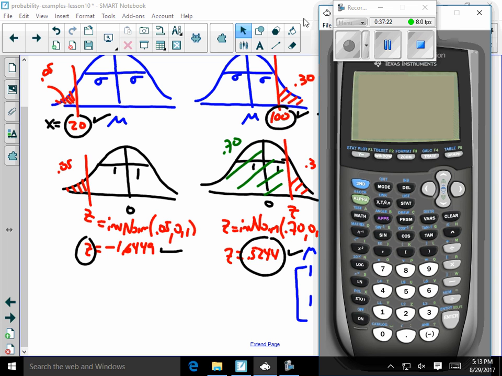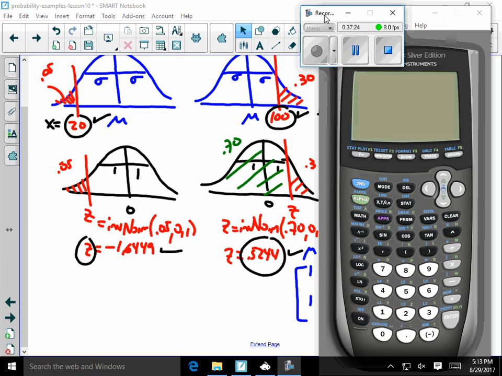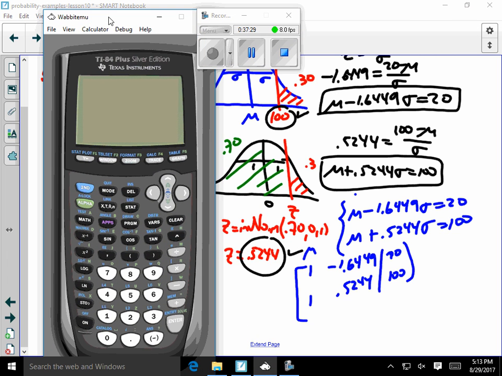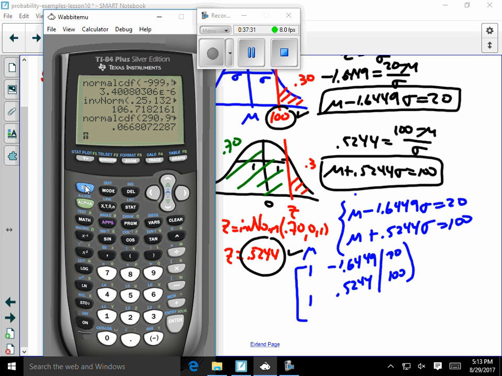So what we could do is turn on the calculator, go to the matrix menu and call up matrix A and make it a 2x3 matrix. Enter the coefficients, 1, negative 1.6449, and 20. Sorry, I'm reading my own handwriting there.